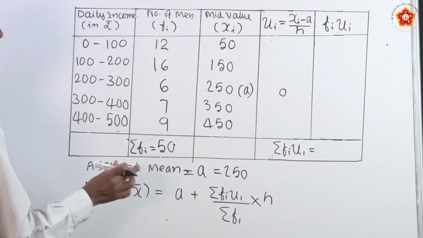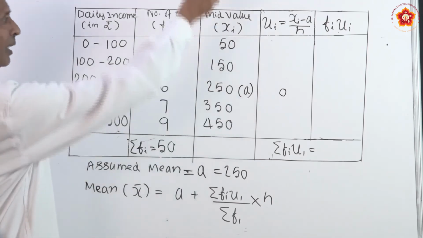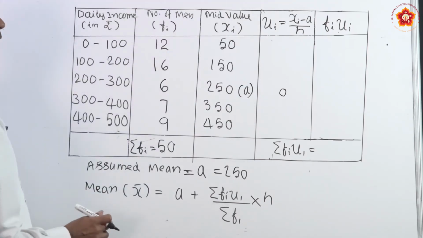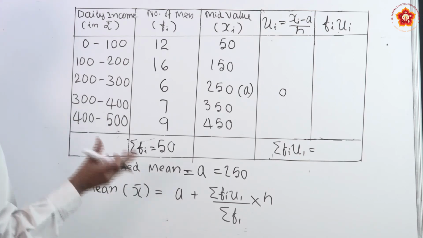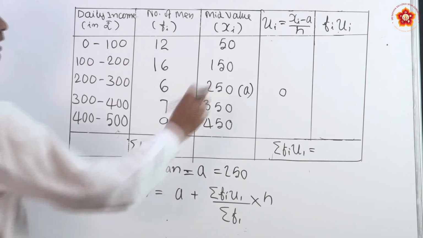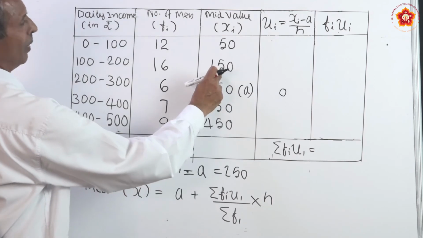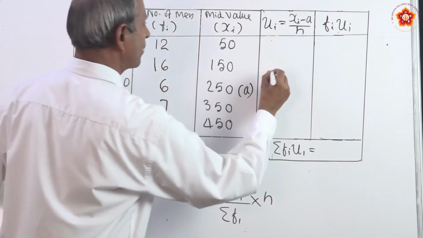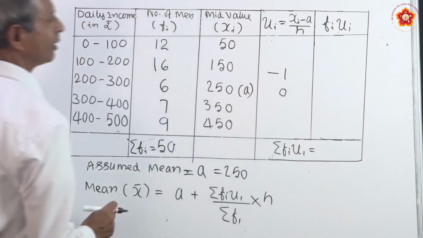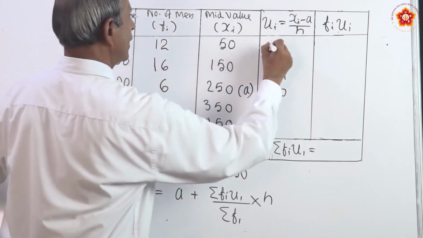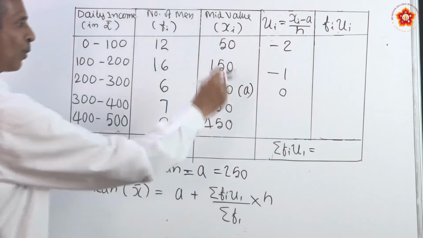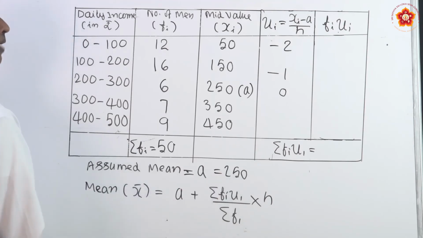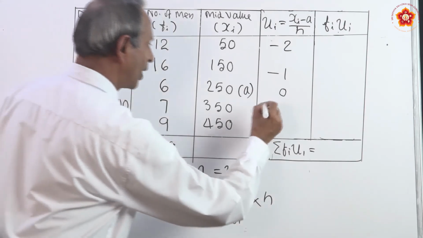Then if you find out the first one, by inspection you can write the ui directly, without calculating also. Now here it is less than 150, therefore you will get minus 1 directly. Here you will get minus 2, very easy trick. If you go down, the mid values are increasing, therefore you will get positive values.